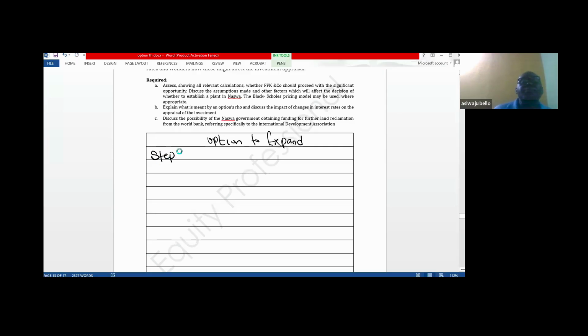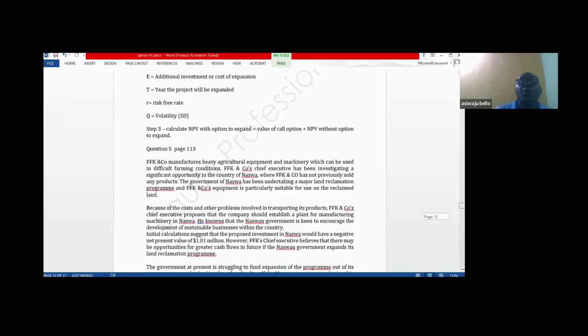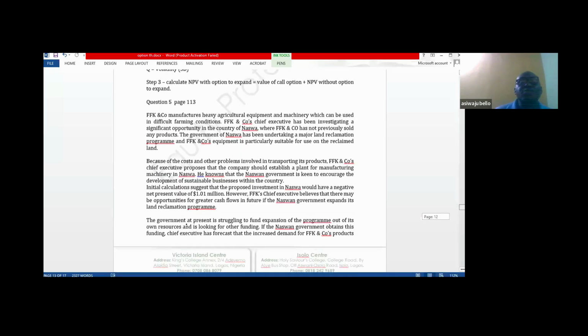Step 1: Calculate NPV without option to expand. Examiner has done that for you. Look at it.